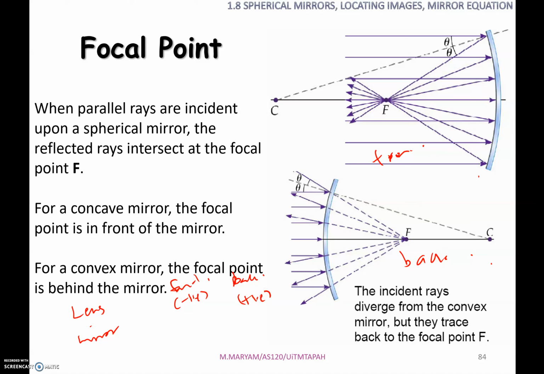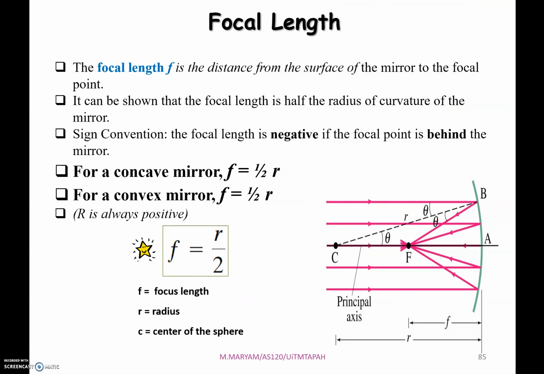So this is opposite for a mirror. For a mirror, front is positive, whereas back is negative. Meaning for concave, instead of negative at the front, it is positive f. For a convex mirror, at the back, the value will be negative f. So it's opposite of lenses. You can remember it that way or any other way that you prefer.